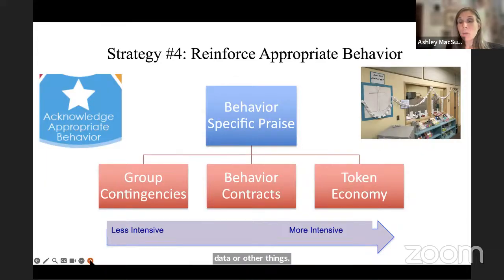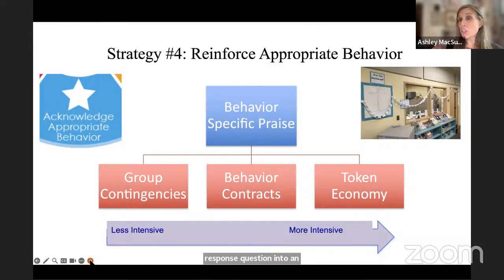And so helping them to start out with things that are less intensive, and when I say intensive, I mean for the teacher to implement, is a good step if you can. And also, you don't have to have every single thing in every single classroom all of the time. The only thing that every teacher has to be able to do is give specific and contingent praise, like the way Anita Archer did.